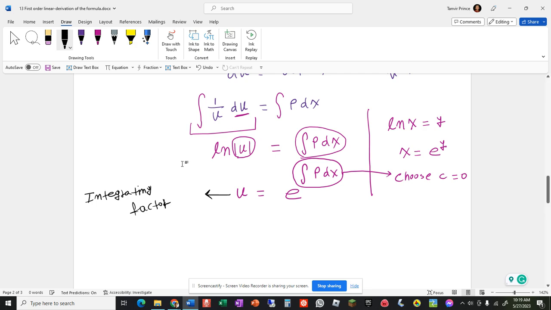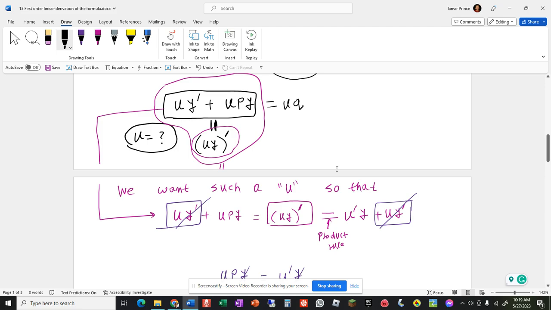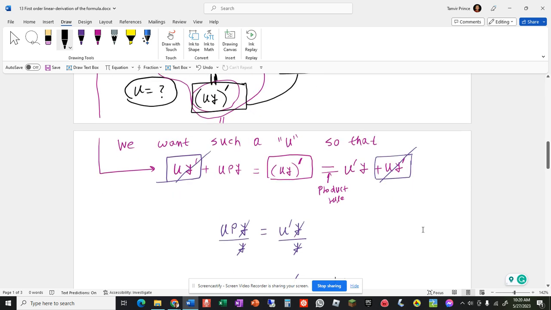So now we can go back, and for this u that we just figured out, my left hand side becomes uy prime, and of course my right hand side is uq. If I choose that particular u, our integrating factor, the left hand side becomes uy, the whole thing prime. So what does my equation become? Let's write it down.